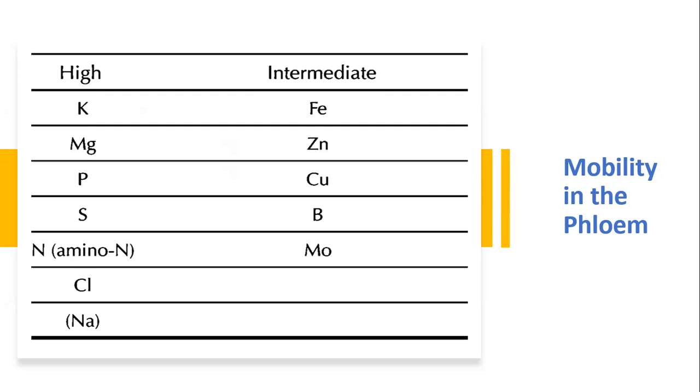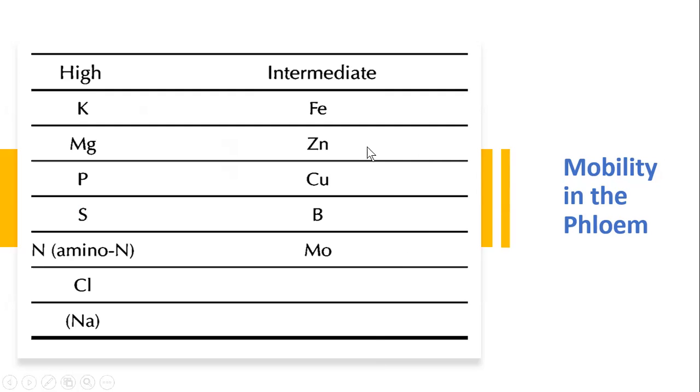So the deficiency symptoms of these elements never occur earlier in the reproductive or young parts, but they occur earlier in the older leaves, because these ions will move from those leaves to the younger parts.